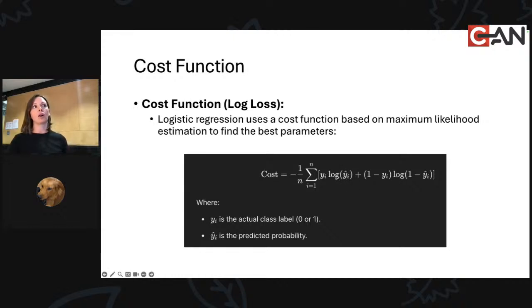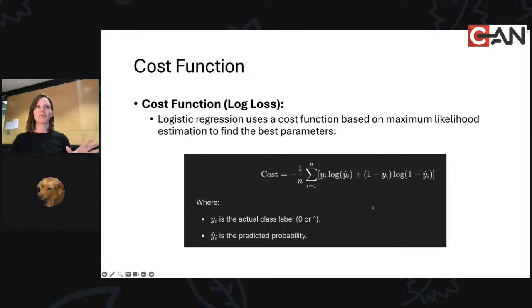It takes the log of your predicted output, it multiplies it by the true output, which if you think about it, it's 0 or 1. So in the case where this is 0, this entire thing goes away. And then we take 1 minus the true value, which again is 1 or 0, and when it's 1, this entire thing goes away.